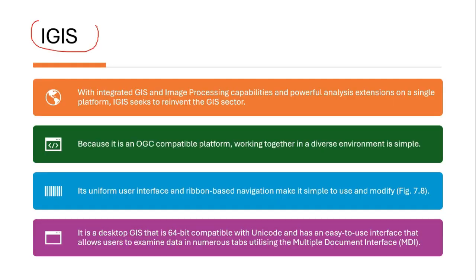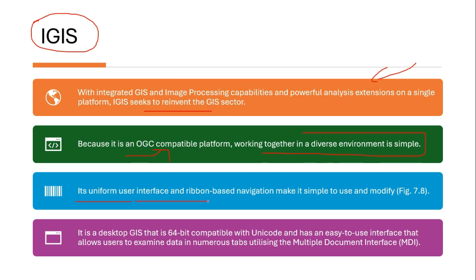Then we have another indigenous software in the list, IGIS. So with integrated GIS and image processing capabilities and powerful analysis extension on a single platform, IGIS seeks to reinvent the GIS sector because it is an OGC compatible platform so that it can work together in a diverse environment.